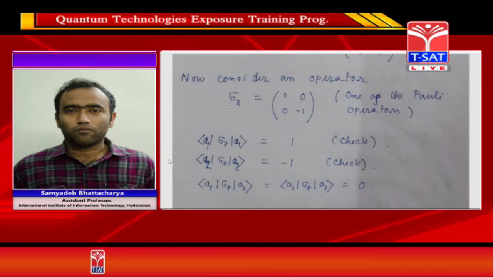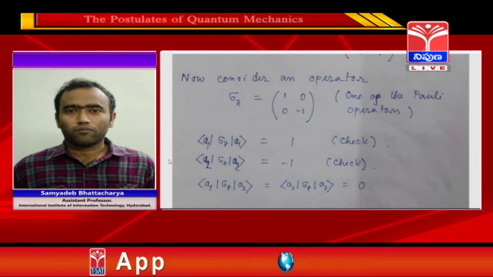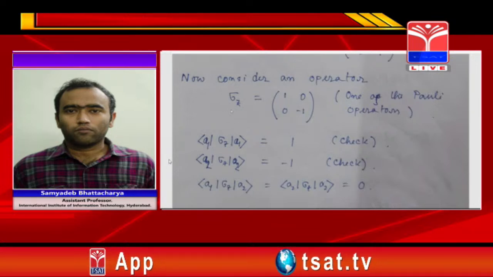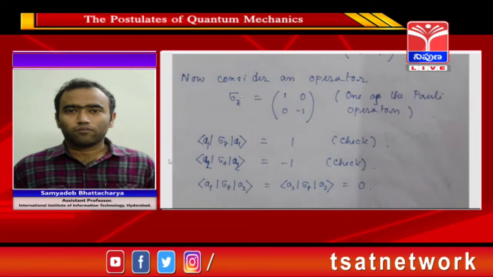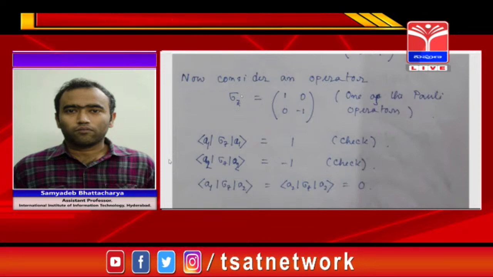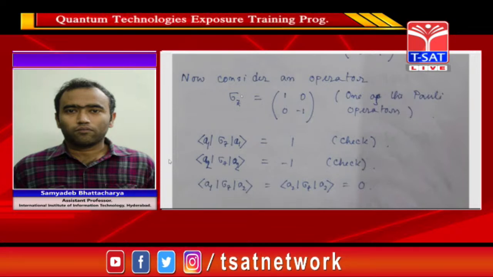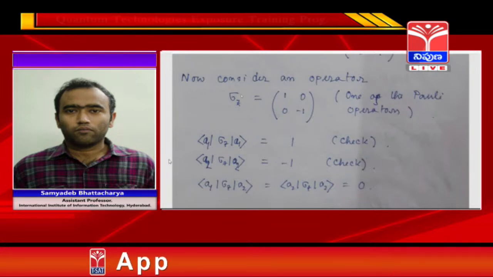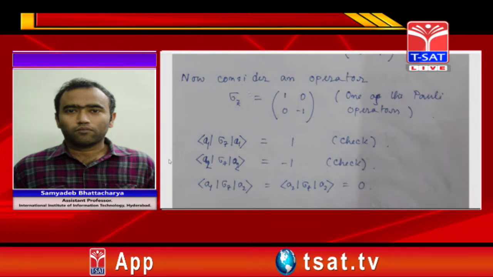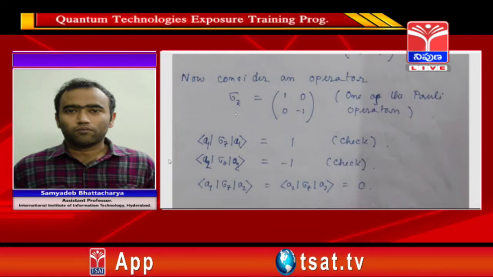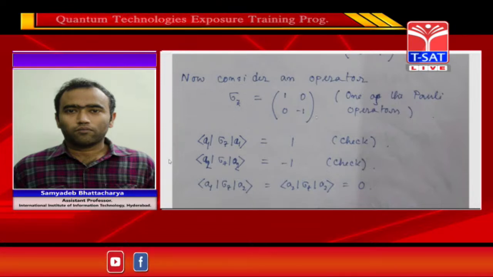There are two other matrices like it, except identity, which is the trivial case that is also Hermitian and unitary. These matrices are both Hermitian and unitary.